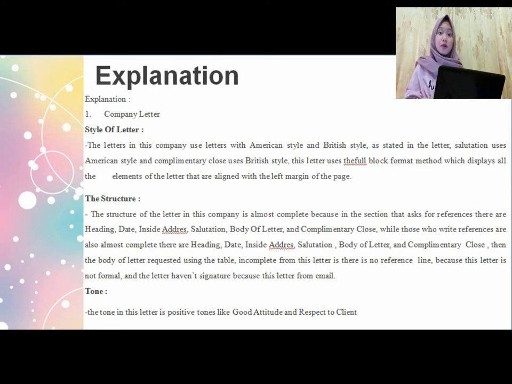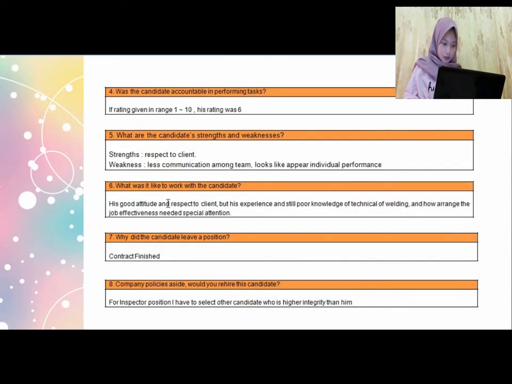And I will show you the tone of this letter. This is a good attitude, and this is respect to the client.